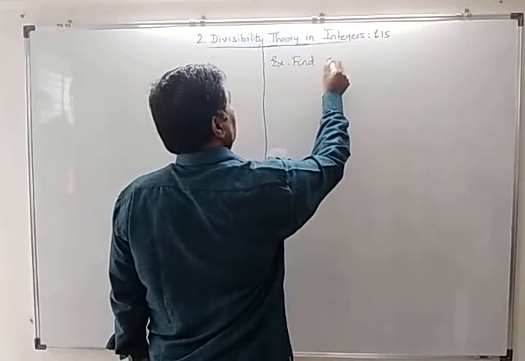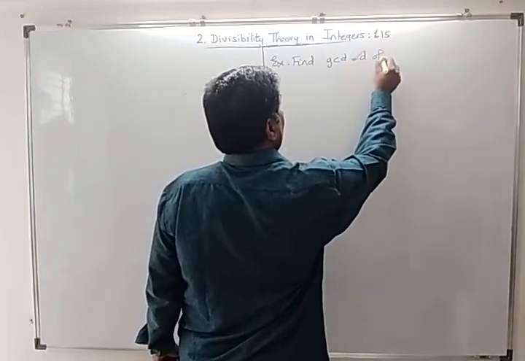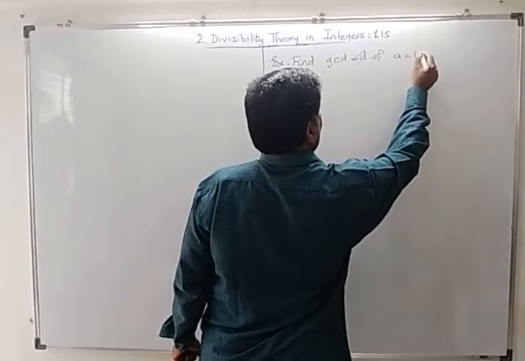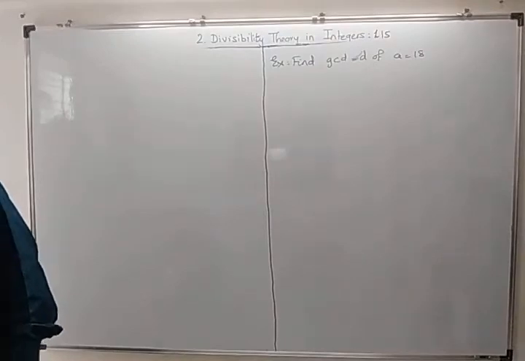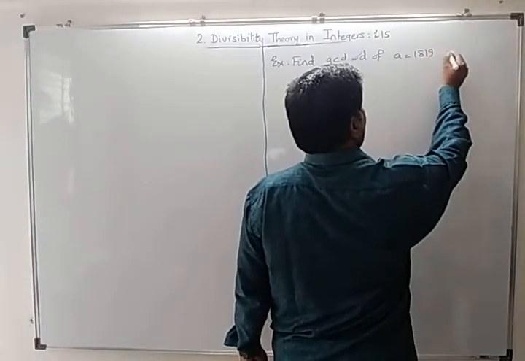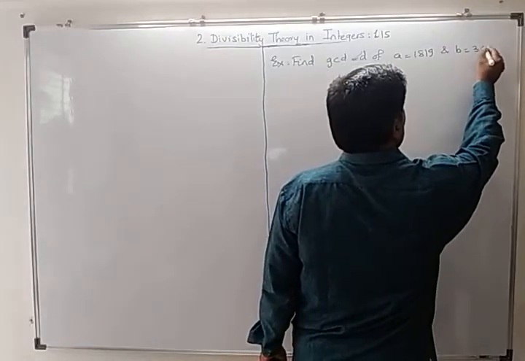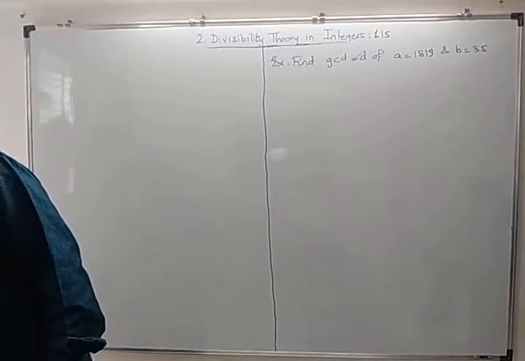Find the GCD of a equal to 1819 and b equal to 3587.